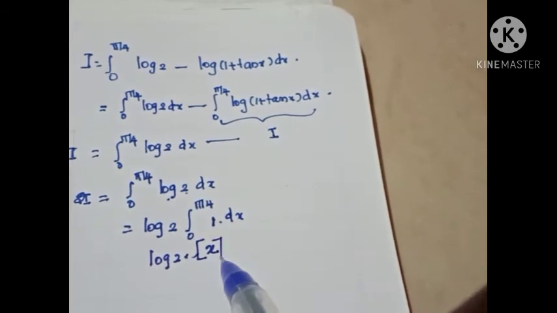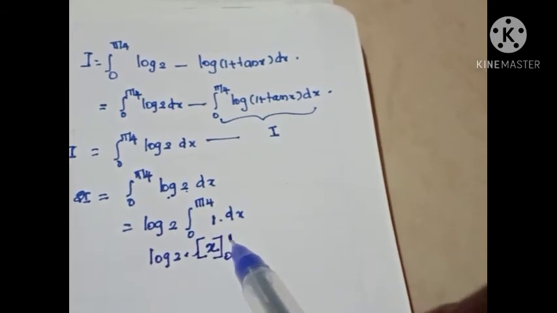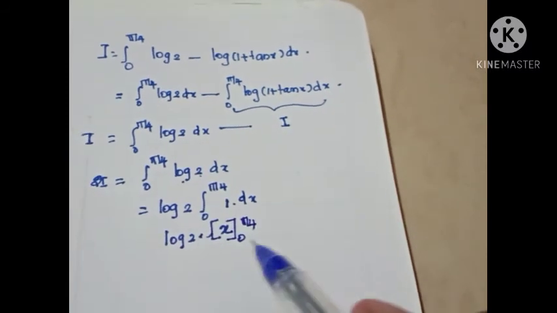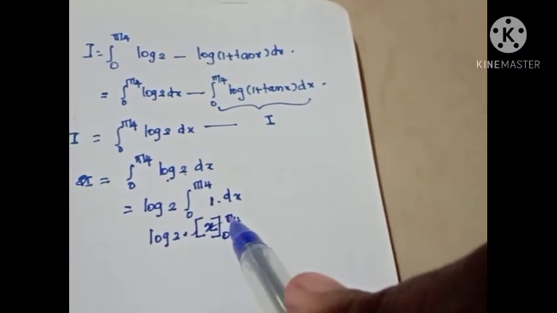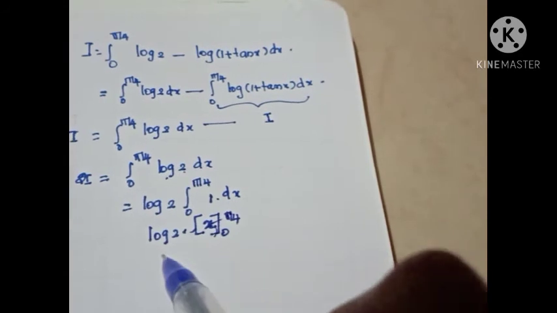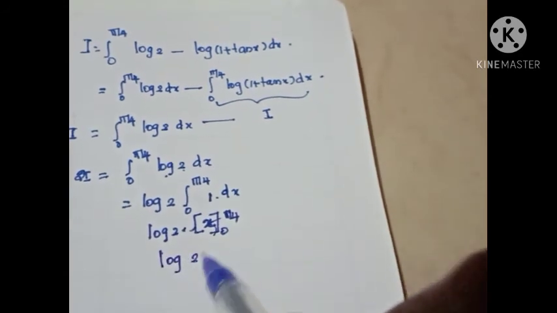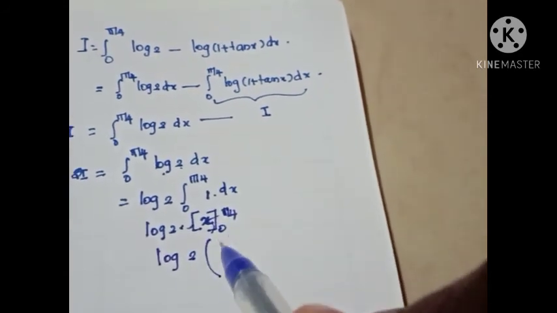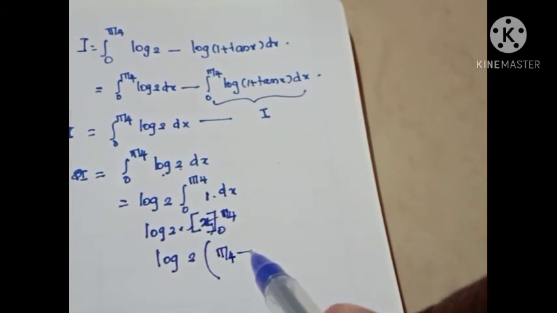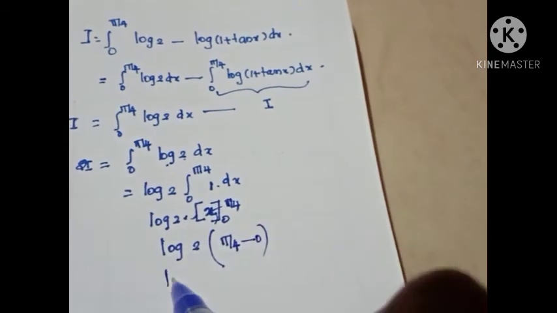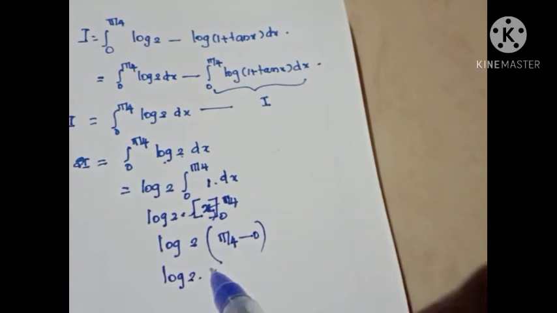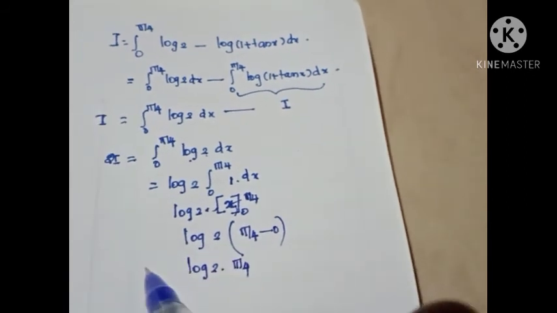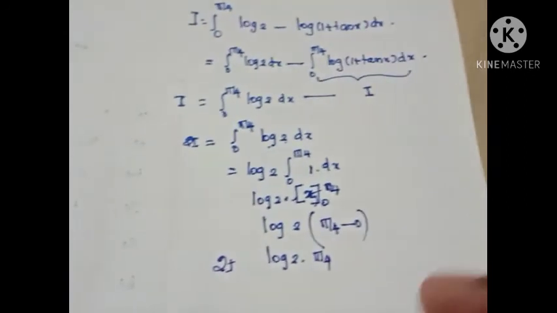So integration is over. Now write the limits, 0 to pi by 4. Now apply the limits, upper limit minus lower limit. So this is equal to log 2 into pi by 4. What is the left side? The left side is 2I, isn't it?